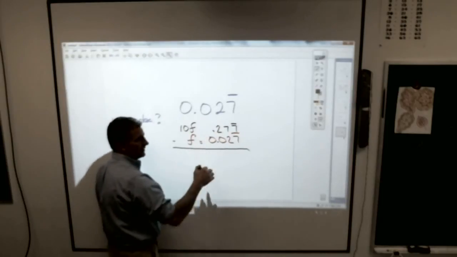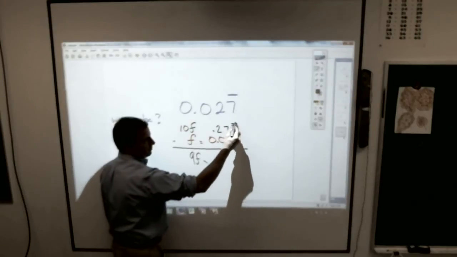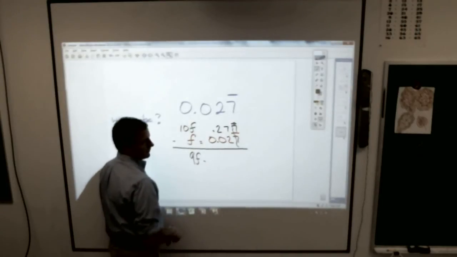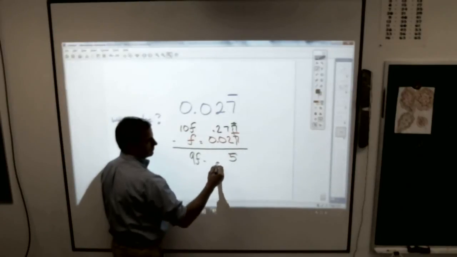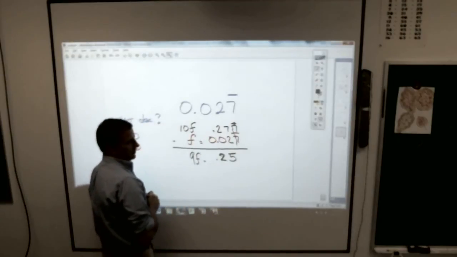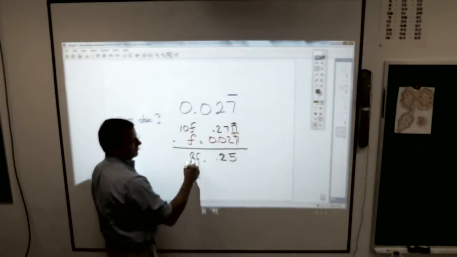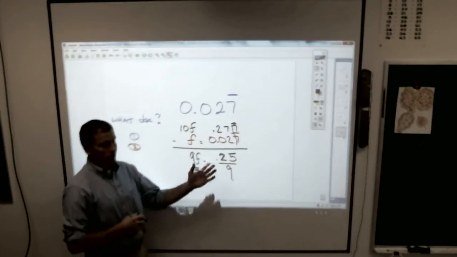So when you subtract them, how many people got that? When you subtract them, this gives you 9F. The repeaters go away and give you nothing. Now you are left with 0.25. Divide it out. Here is where life gets a little difficult. We don't like decimals there.